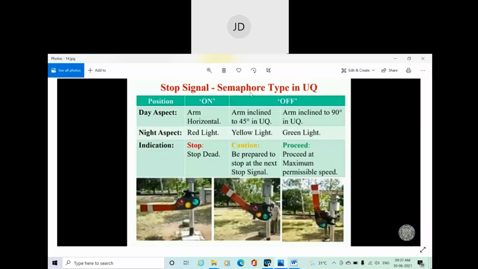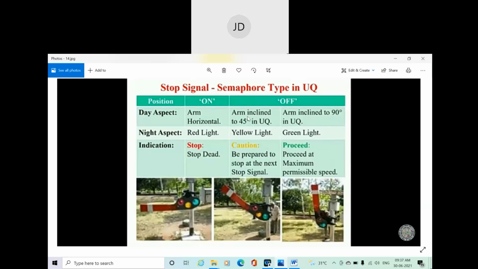When a semaphore type of stop signal is used in upper quadrant, that means the arm will go in the upward direction. There are two positions in the upward direction. One is inclined at around 48 degree to the horizontal, and another one is directly 90 degree in the upper quadrant, that is directly vertical. Horizontal represents stop, and incline represents caution, the intermediate one.